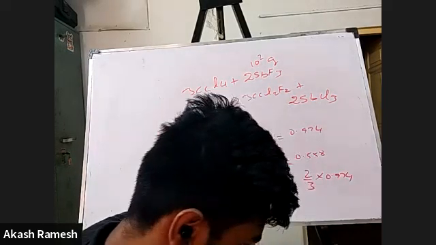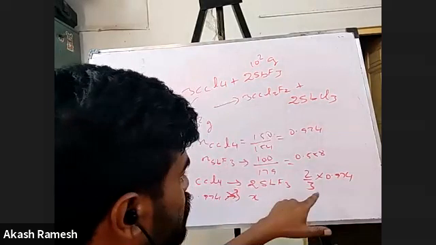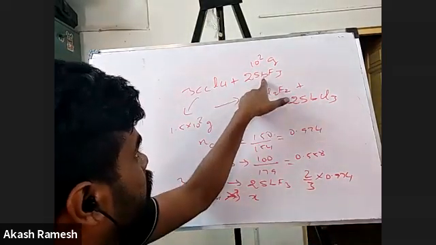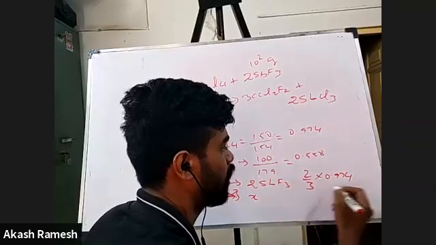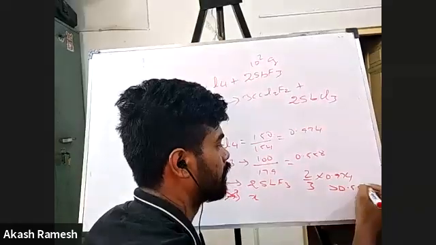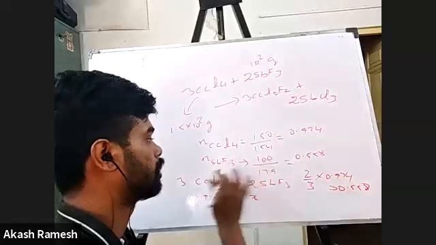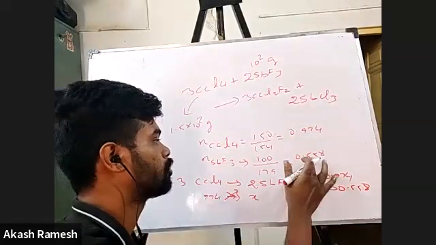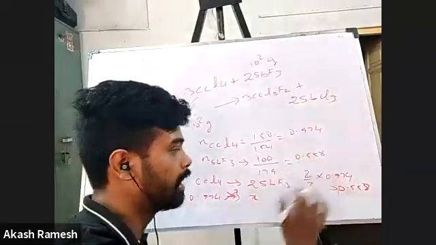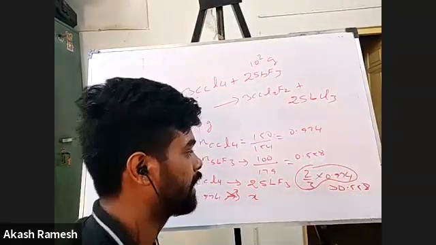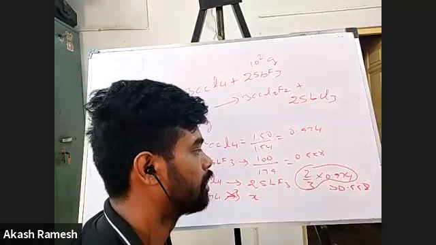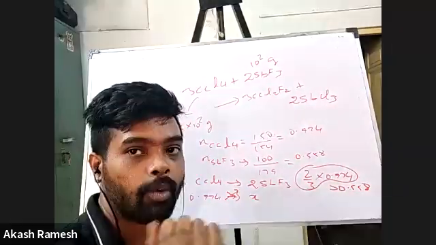You will be able to easily understand that my 0.558 will be lesser than this value. So this value will be greater than 0.558. You found the number of moles of SbF3 to be 0.558, and the required number of moles will definitely be greater than 0.558. What do you mean by that?